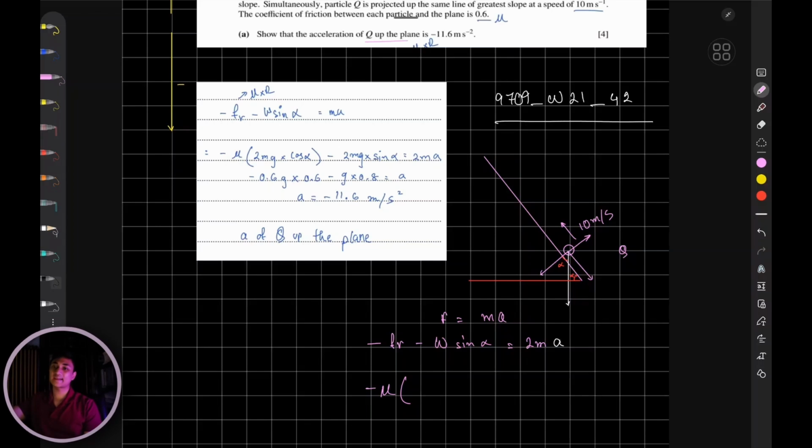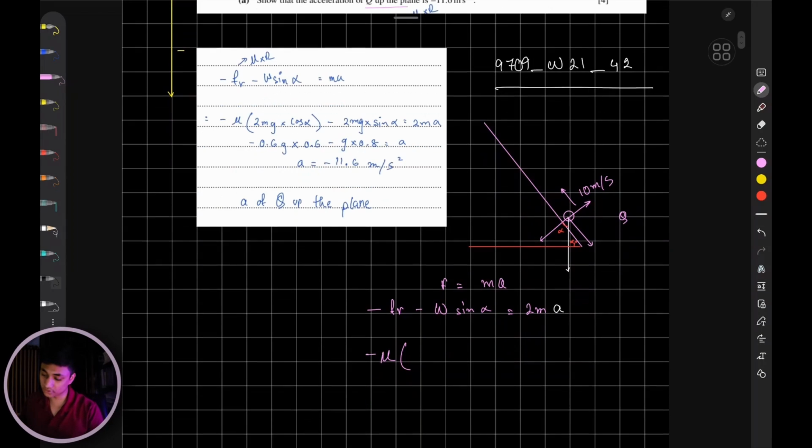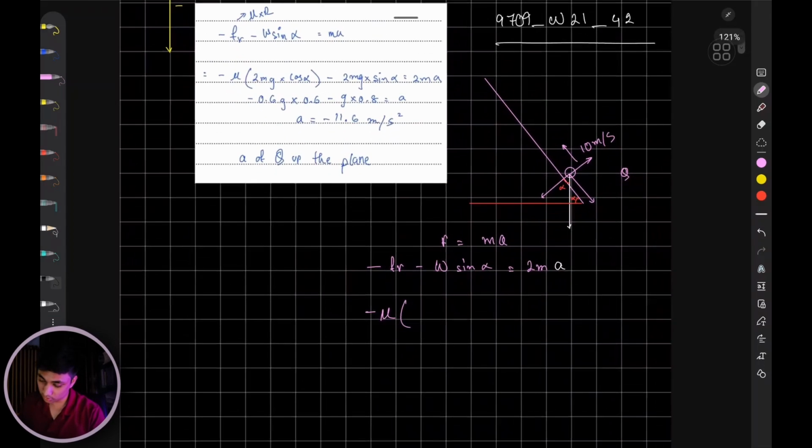Weight is acting downwards, hence your normal contact force is going to be upwards. So this is your normal contact force. Great. So how much is your normal contact force going to be? You know the value of cos alpha.